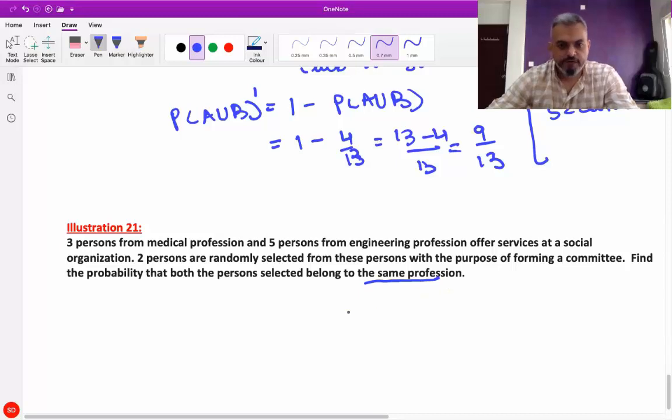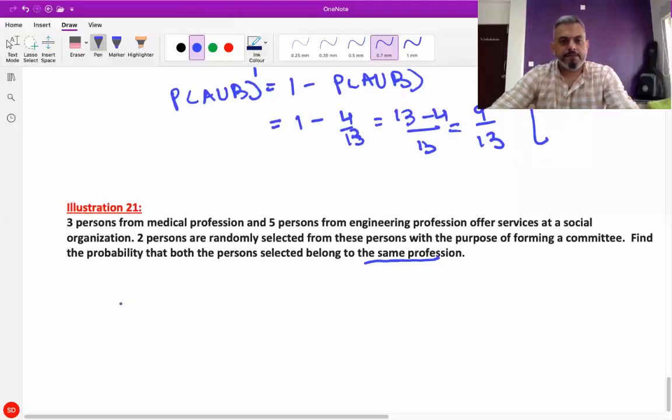We want that both the persons who are selected should be from the same profession. So either both of them can be from medical profession or both of them can be from engineering profession. Now let's start the sum.